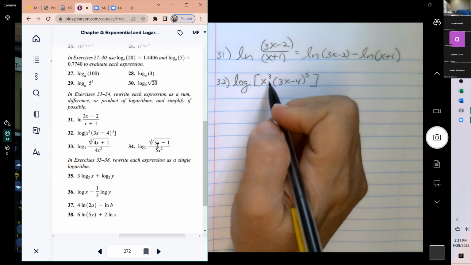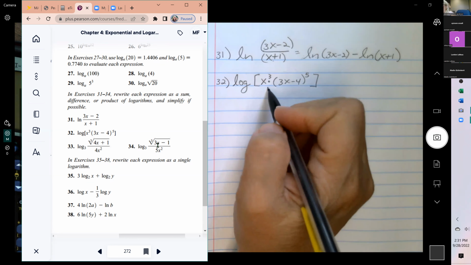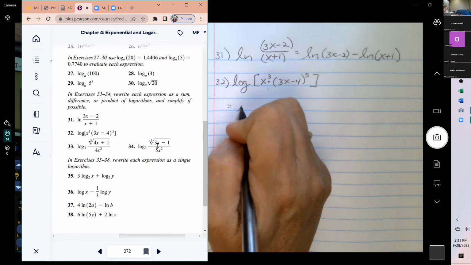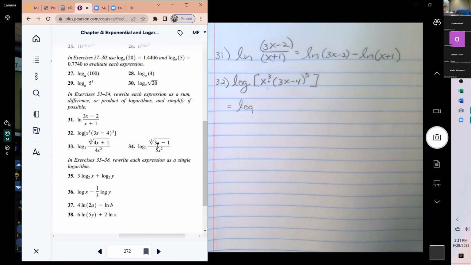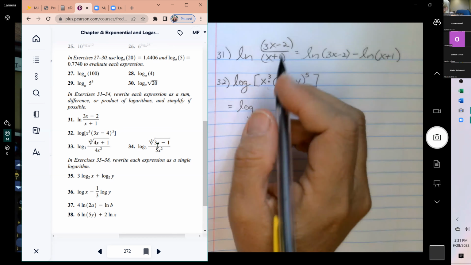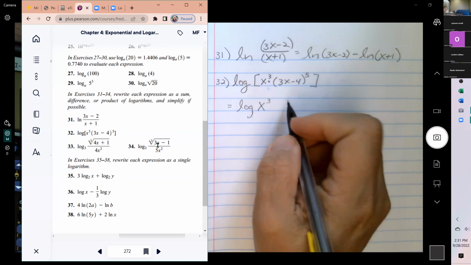You want to break this up first. And from our formulas, a multiplication becomes an addition. So it would be the log base 10, remember when there's no base, it's a 10, x cubed.